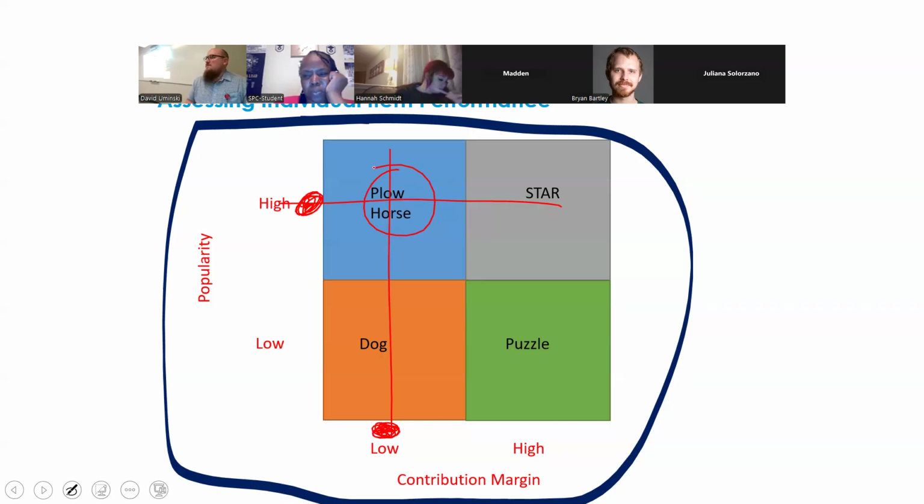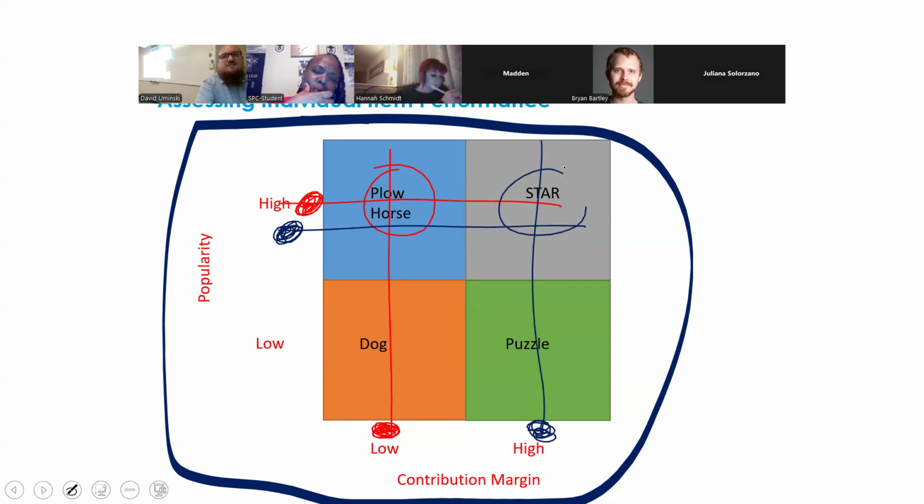If something has high popularity and high contribution margin, the place those lines intersect is the star category. So this is how we utilize this. Now we're going to look at how we determine popularity high or low and contribution margin high or low.